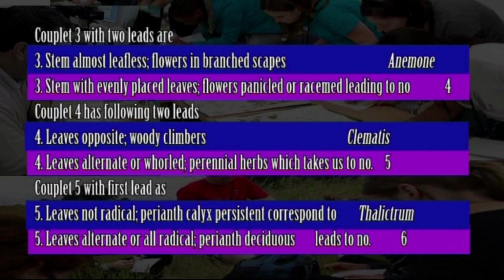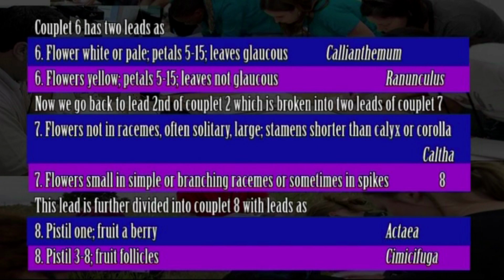Couplet 5 with first lead leaves not radical, perianth calyx persistent, identifies Thalictrum. The second lead, leaves alternate or all radical, perianth deciduous, leads us to couplet 6. The sixth couplet starts with flowers white or pale, petals 5 to 15, leaves glaucous, which identifies Callianthemum, and the second lead is flowers yellow, petals 5, leaves not glaucous, which identifies Ranunculus.